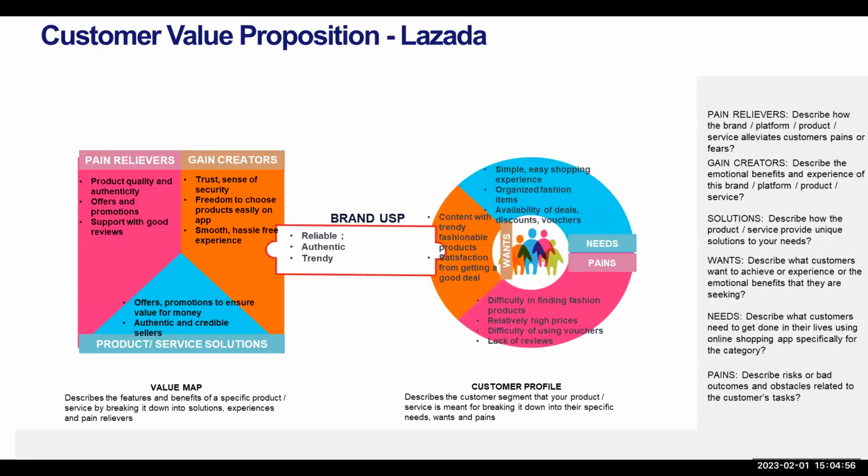So how to start using semiotic principles? Like I said, the principles that we already saw, but what I wanted to tell you here is that through the different studies, we've been arriving at a customer value proposition for Lazada. And in most studies, you'll see three of these, which is reliable, authentic, and trendy.